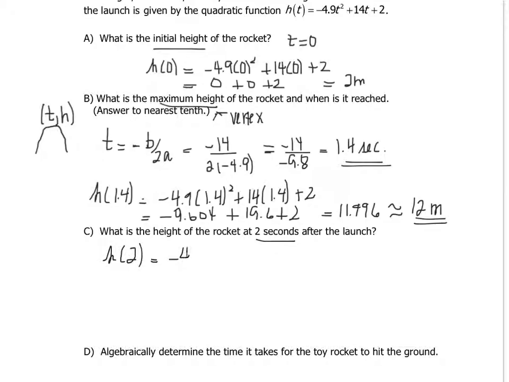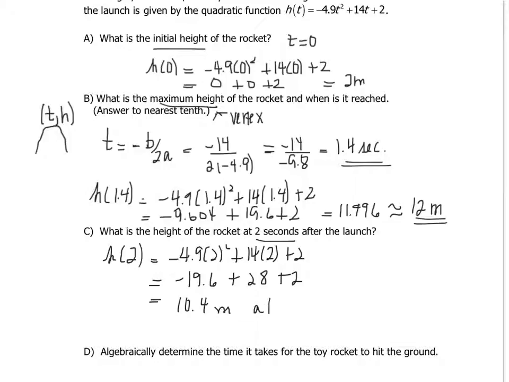So that would be negative 4.9 times 2 squared plus 14 times 2 plus 2, which is going to be negative 4.9 times 4, so that's negative 19.6 plus 28 plus 2, which is 10.4 meters at 2 seconds.